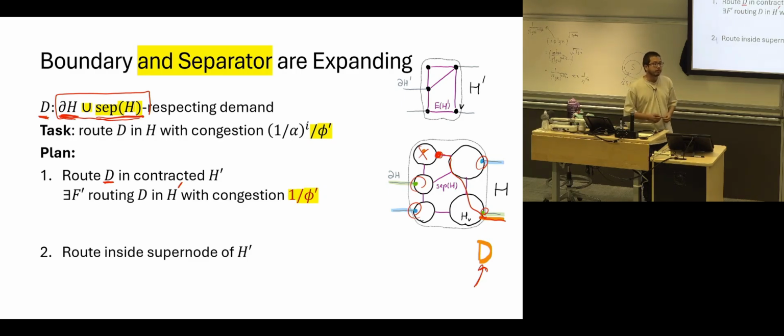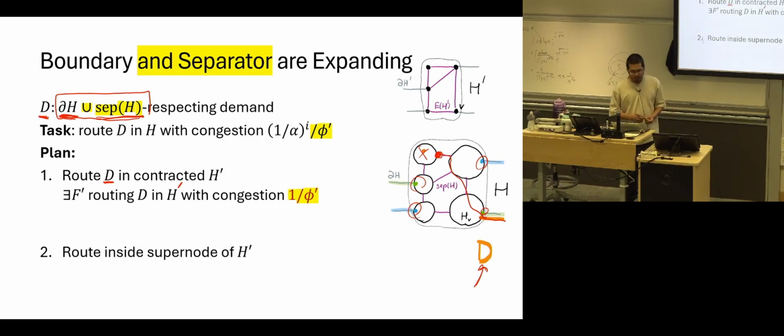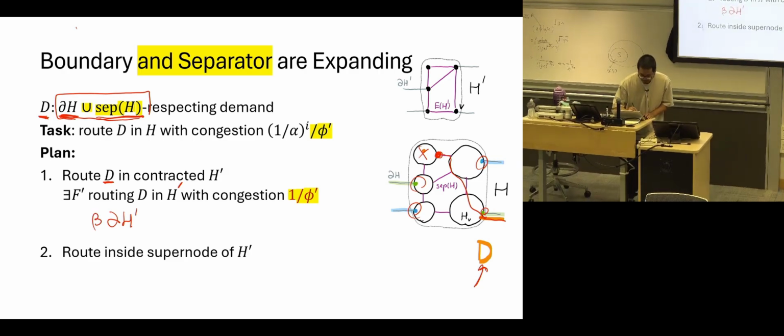Yeah, because the boundary of H and the separator is phi prime expanding. So we have that even the boundary of H prime scaled up by beta, union with the separator of H prime, which is actually just the H set of H prime, this whole thing is phi prime expanding. Even if I scale this up by beta, it's phi prime expanding.